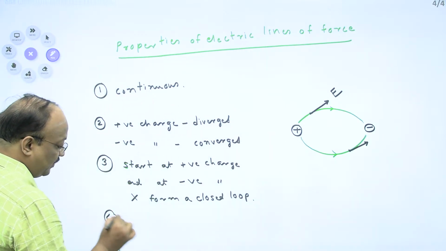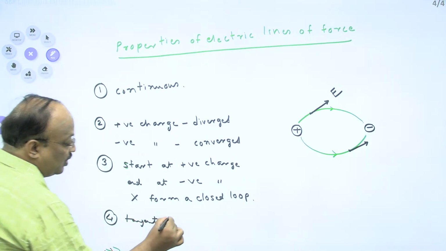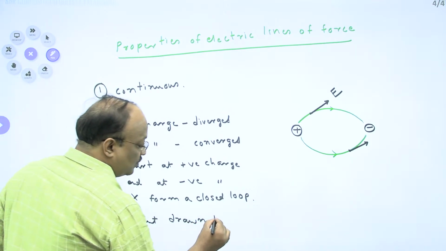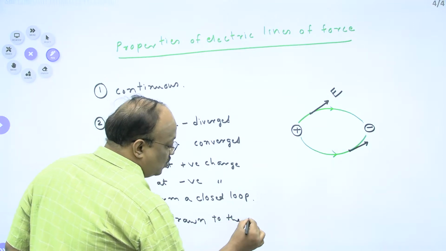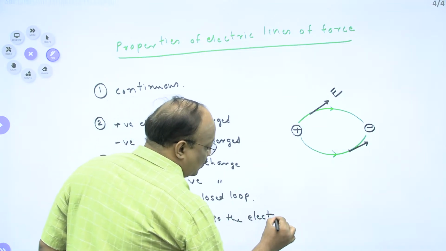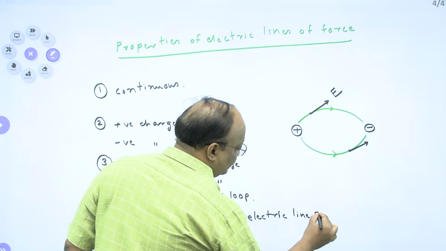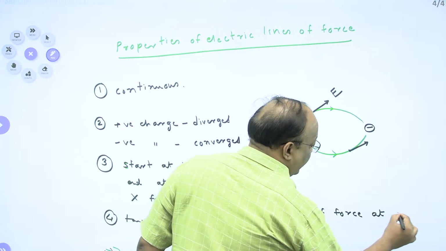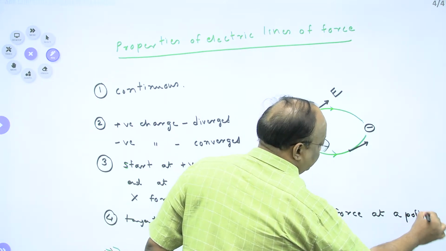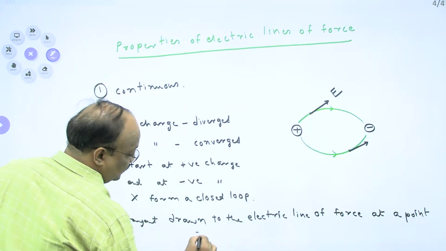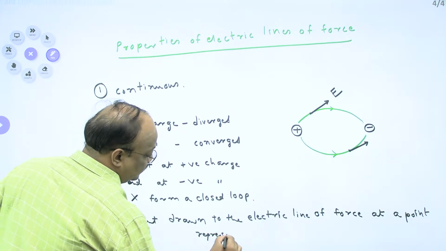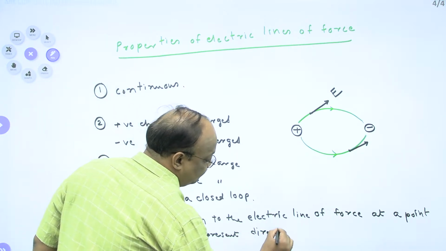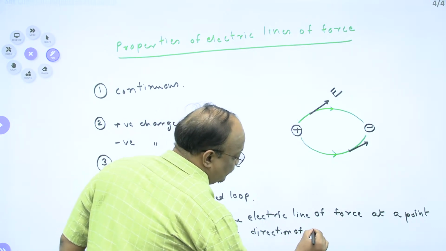Tangent drawn to the electric line of force at a point represents the direction of electric field.